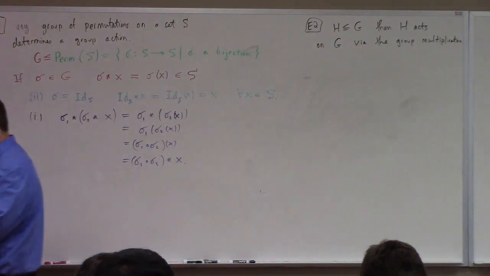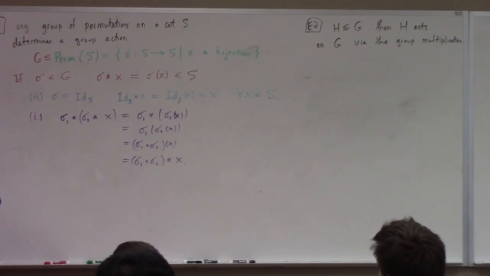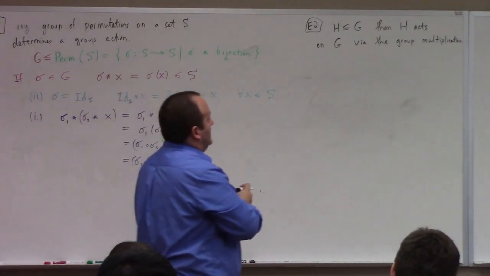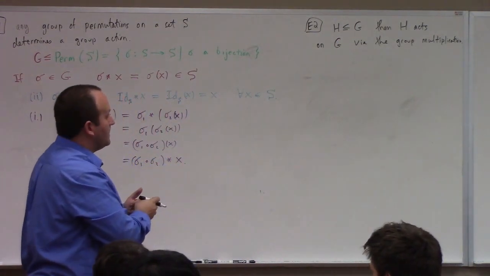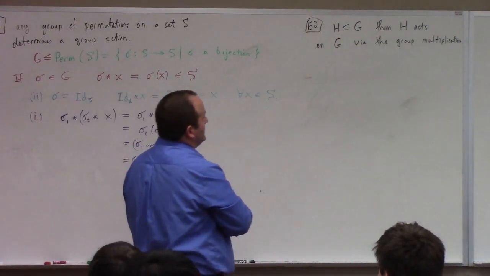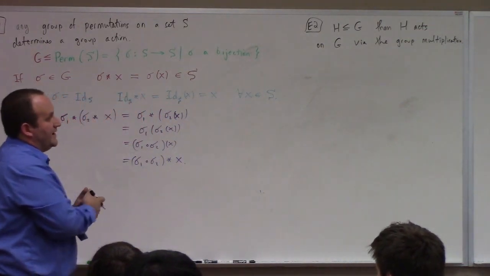All right, he's, again, a little bit vague. He leaves a little bit to the imagination. You guys tell me, how do we let H act by group multiplication?